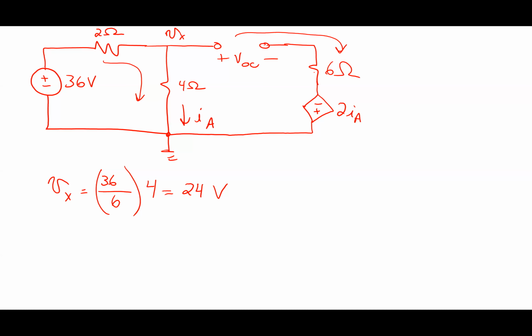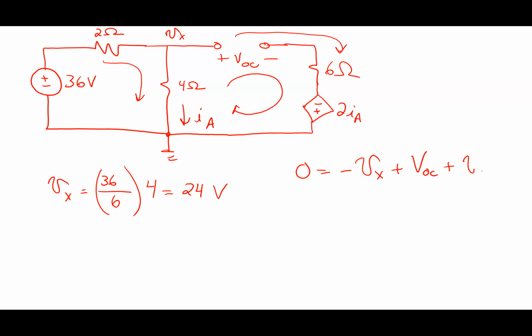So if I look at this, it's telling me that if I did a KVL around that loop, right? What I would see is, and we can do that real slow if you want. If I do a KVL around this loop here, right? What do I see? I see that 0 equals minus Vx plus VOC, right?